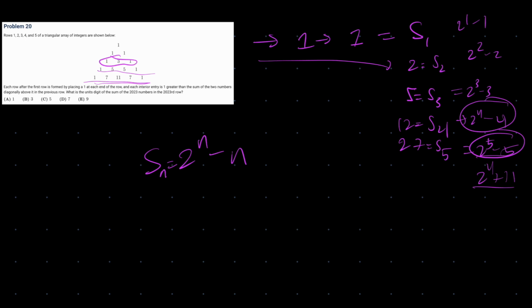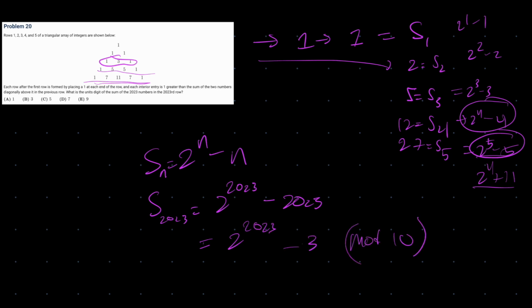We want to find out what happens when you plug in 2023. S 2023 is 2 to the 2023rd minus 2023. To find the units digit, reduce it modulo 10, the remainder when divided by 10. So this is 2 to the 2023rd minus 3 mod 10.